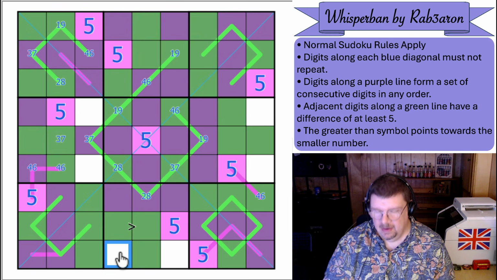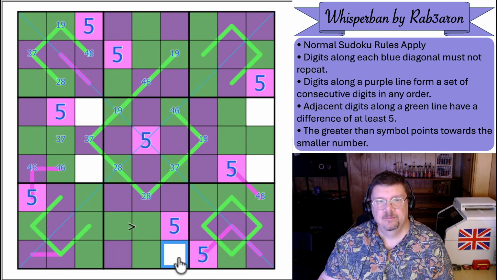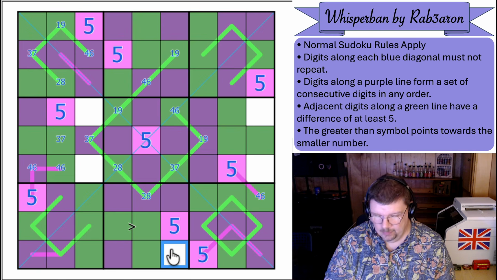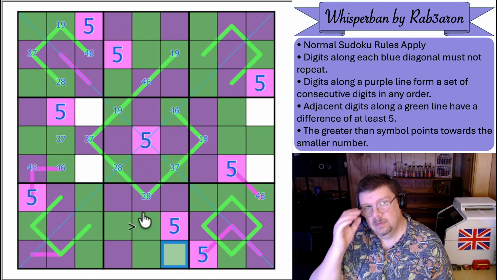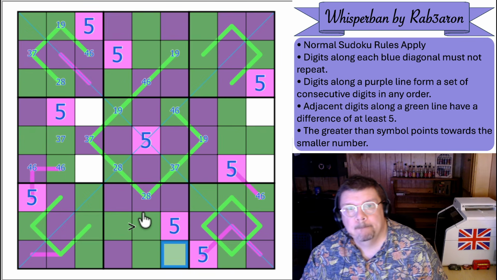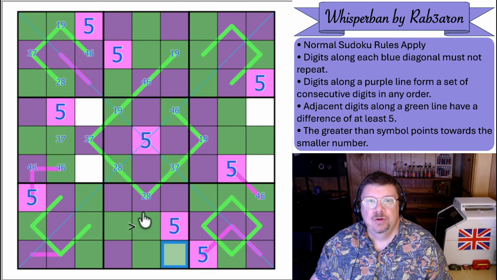Right. No, I can see another way that's going to work. Column tells me that's green. Column tells me this one is... Sorry, column told me that was purple. This one is green. Okay.